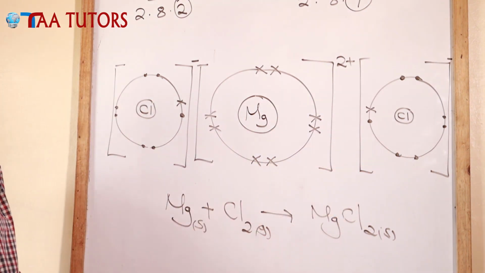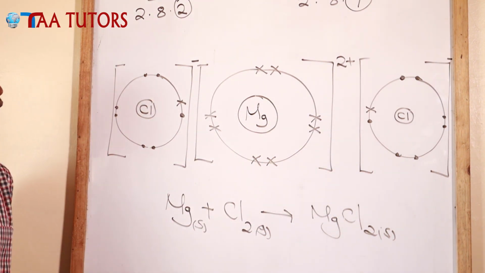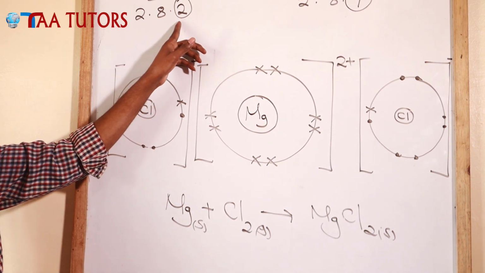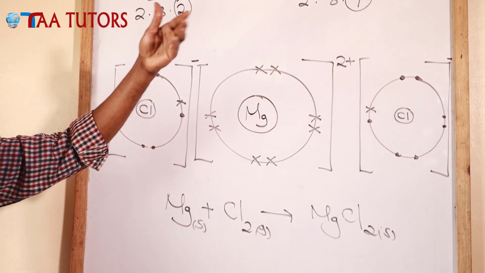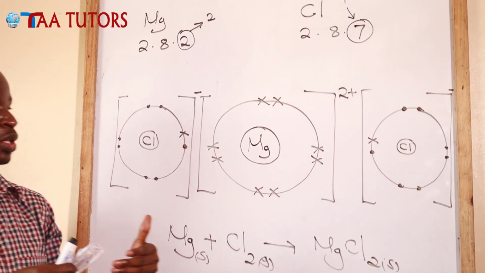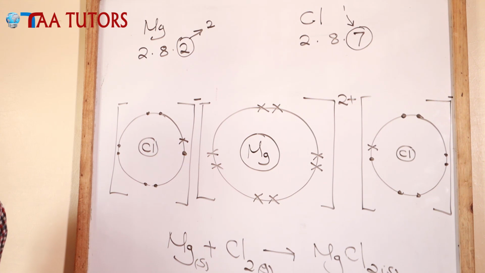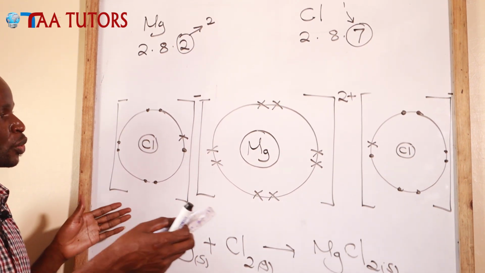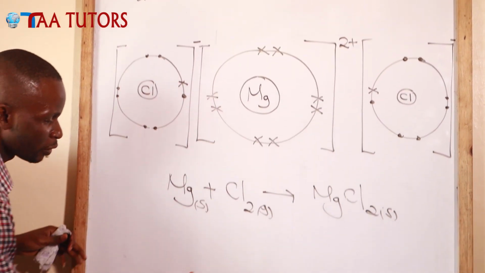That is a case where we have magnesium losing 2 electrons, chlorine gaining 1. You can have an opposite case where we have oxygen gaining 2 but sodium losing 1. In that case, it's going to do the same thing where you have one oxygen atom with 2 sodium atoms. In that case, we can have something like this.